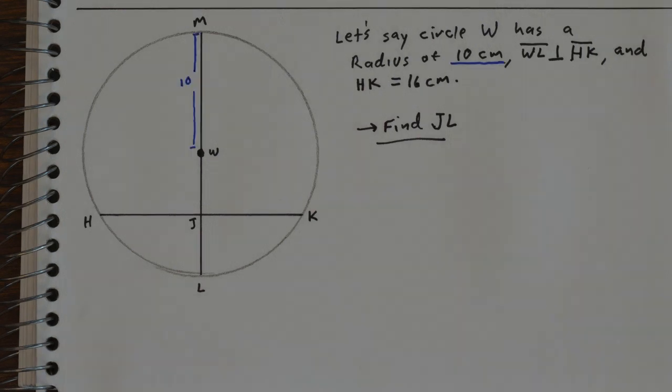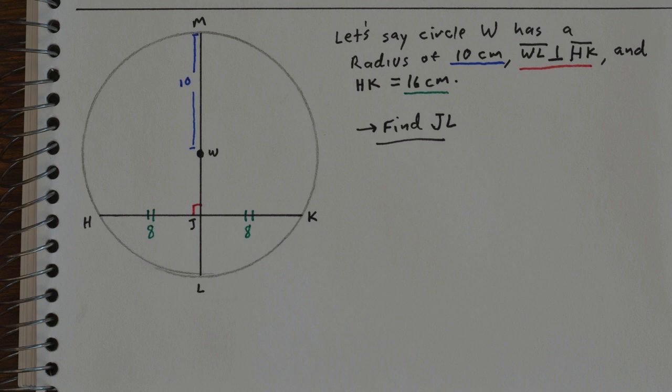Well, we know the radius is 10. We know that the chord and the diameter are perpendicular, and HK is 16. Well, the perpendicular chord idea says that 16 is split into equal parts. And we want to find JL.